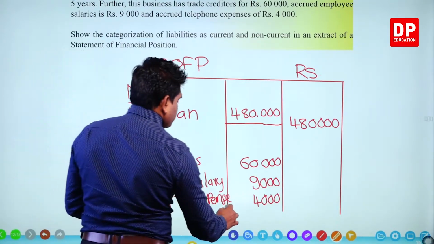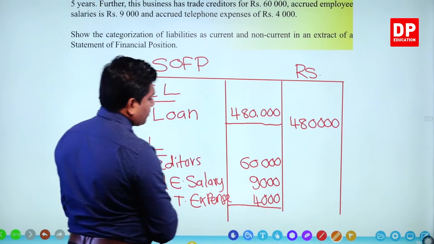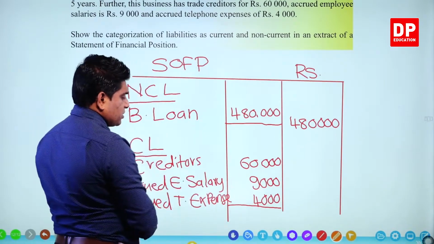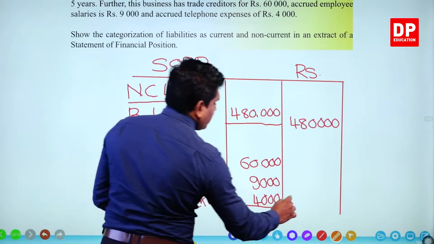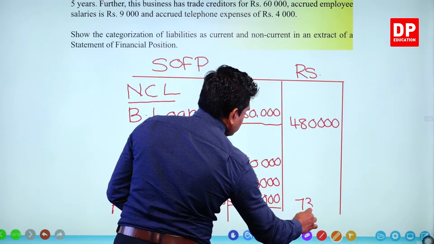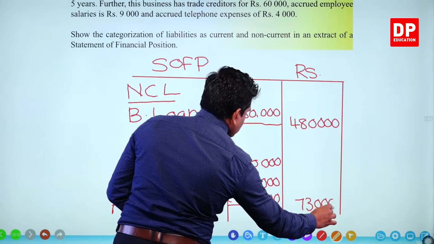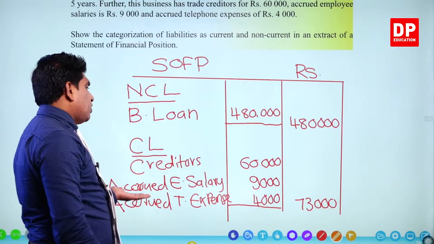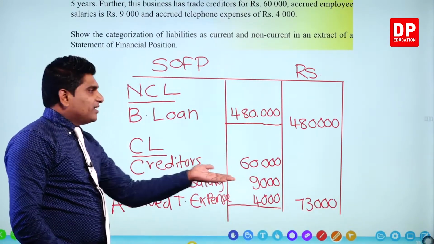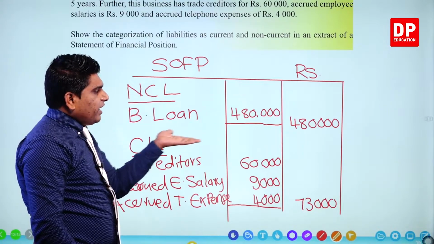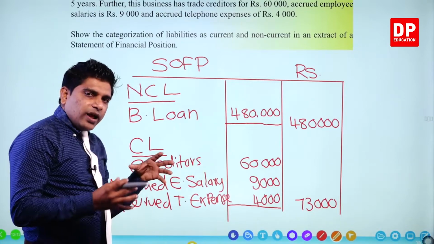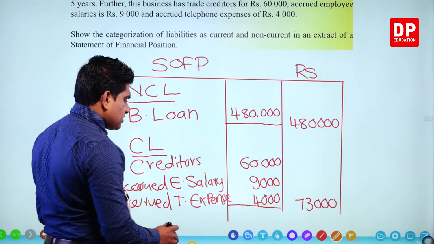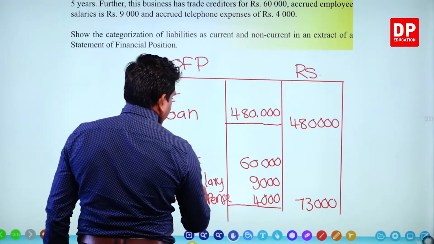You add these all. How much? 69,000. Right? Then 73,000. 73,000 is the total current liabilities. 480,000 is the non-current liabilities. All the liabilities you add and total liabilities we can find now.